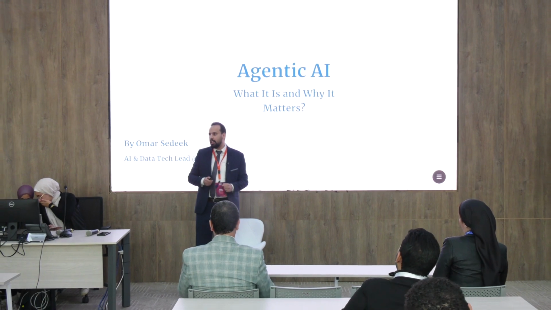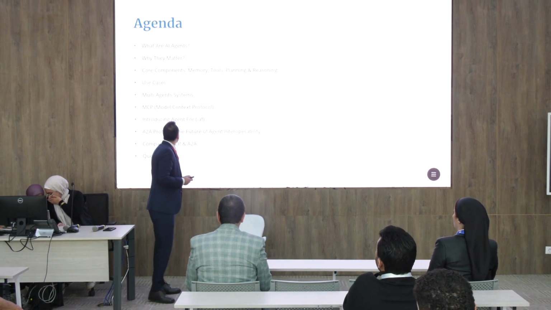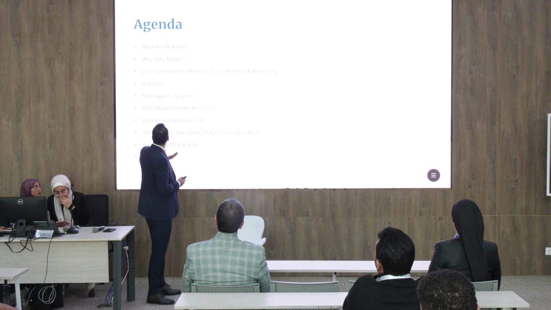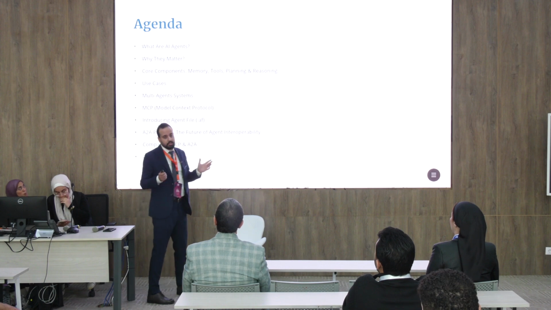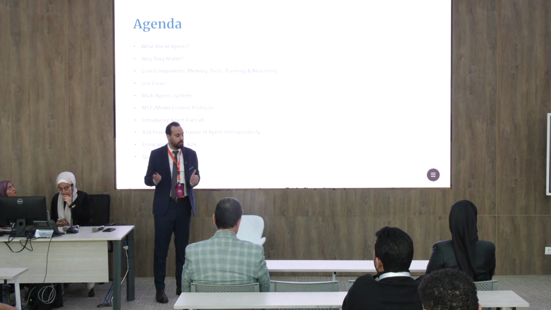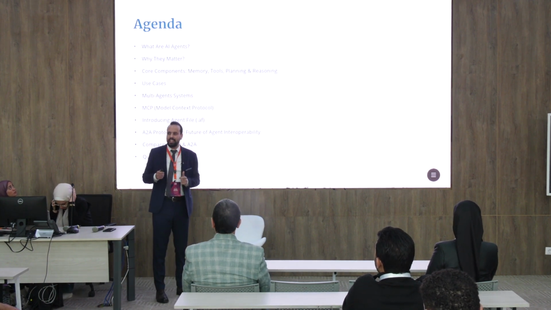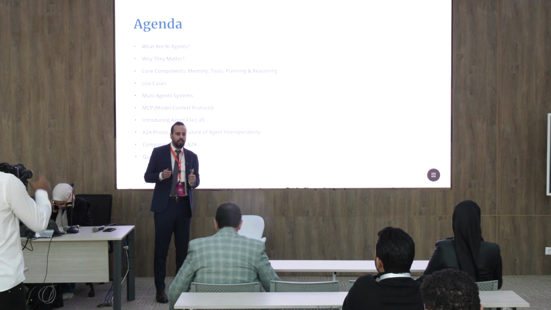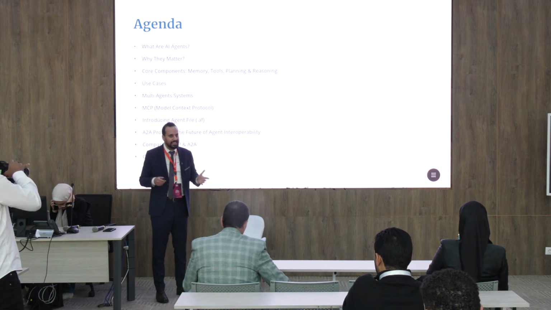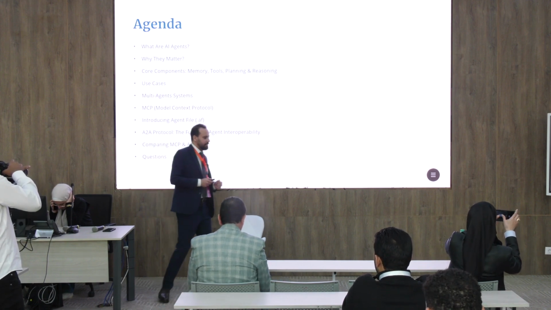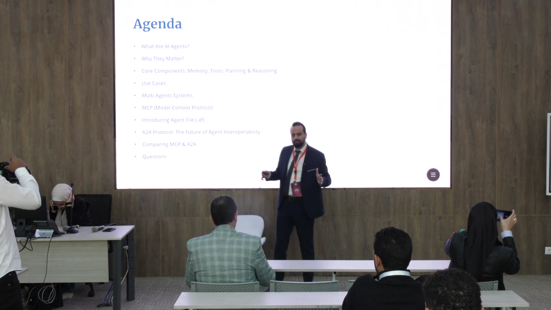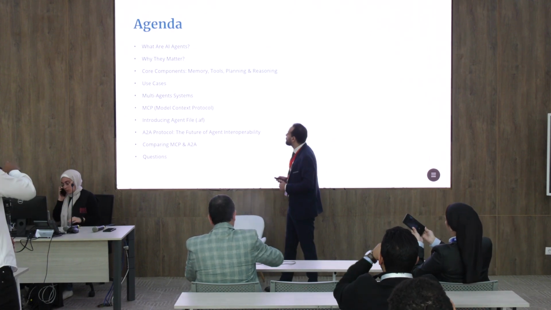Okay, so first thing, let's walk through the agenda. We will see what AI agents are. It is not an easy question to answer what they are. The definition is a very, very changing field as of now.